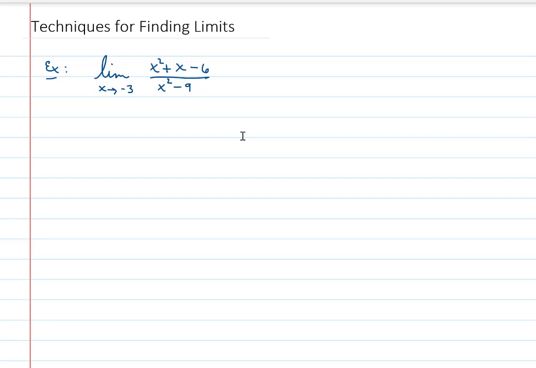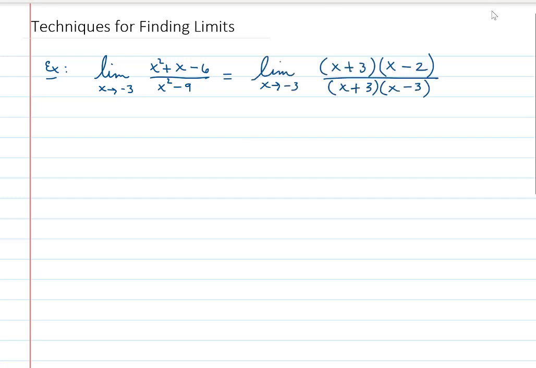You start by factoring. So I'm going to start here, factoring the rational function. Now we have the limit of the same rational function but factored top and bottom. And notice how we have a common factor here, so we can simplify this. This x plus 3 goes away, and we end up with the limit of x minus 2 over x minus 3 as x goes to -3.